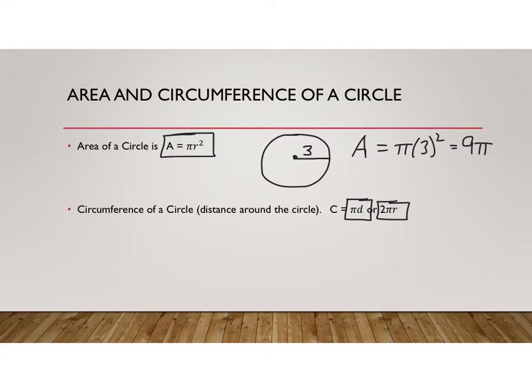If you wanted to multiply by pi, it would be about 28.3 square units. The circumference of the circle is pi times the diameter, which would be 6. And so it would be 6 pi units, which would be about 18.8.